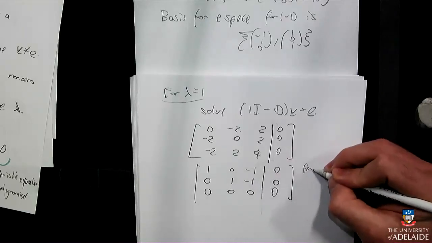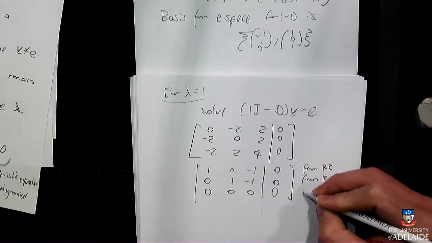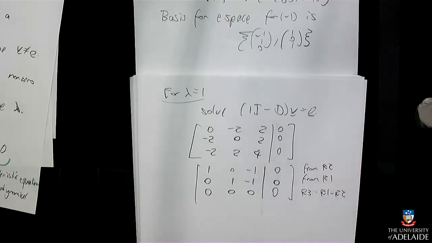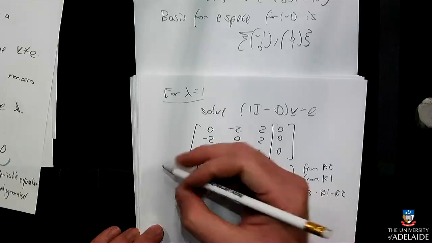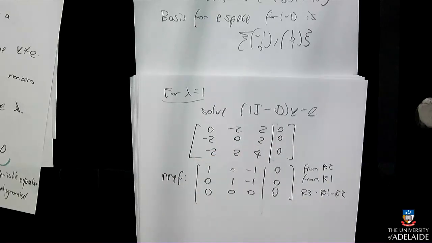So this is from row 2, this is from row 1, and this is row 3 minus row 1 minus row 2. You don't technically have to get to the REF, you just have to get to a point where you can figure out what the solutions are. But easiest from the REF.